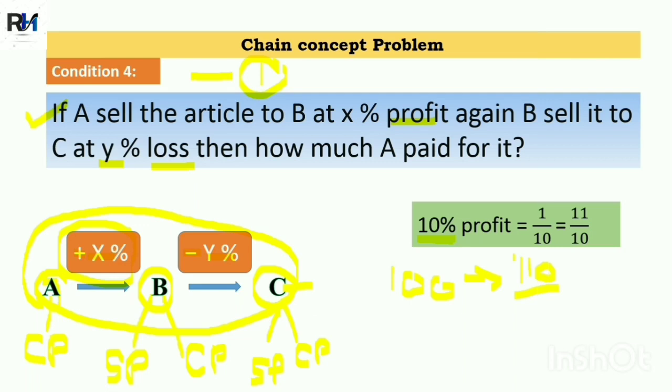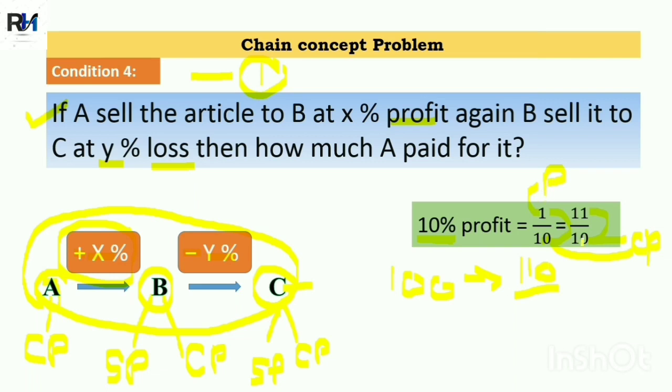So the same condition we have to follow, but we have to represent it in another form. How will we represent it? 10% profit. We write firstly 10 by 100, cancel the 0, 1 by 10. After that, we simply add 10 to 1. We are adding 10 to 1 because, as I have explained, the lower value represents the CP and 1 is the profit, as I explained in the previous video.